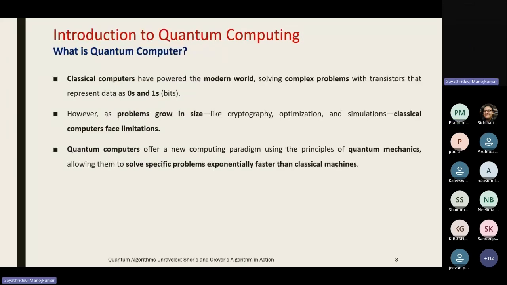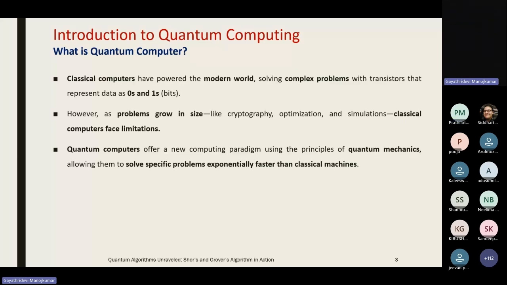First, I hope that in our previous session you discussed what a classical computer is and how quantum computers evolved. I'm just going to give a little recap on this. Without a doubt, classical computers have powered the modern world.